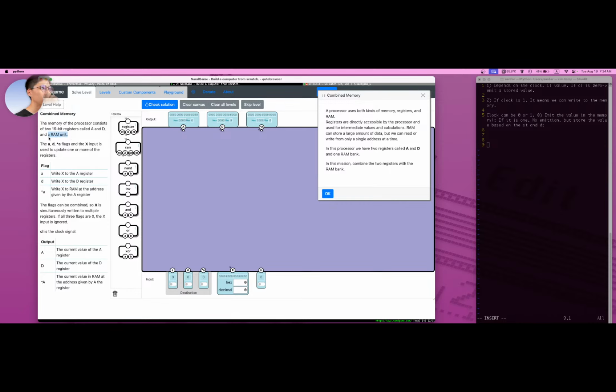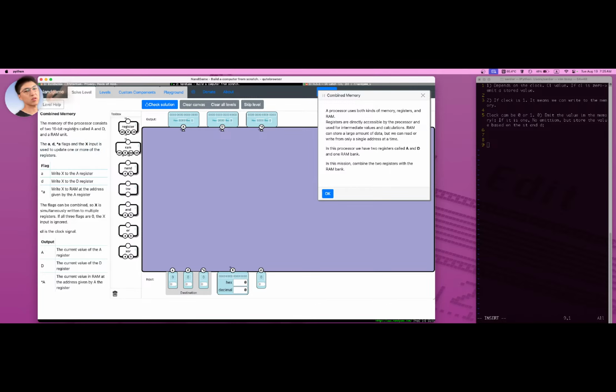We have a RAM, but we have other registers and a RAM. The ST flags and the X input are used to update one or more of the registers.